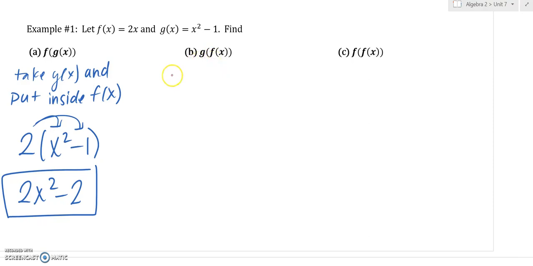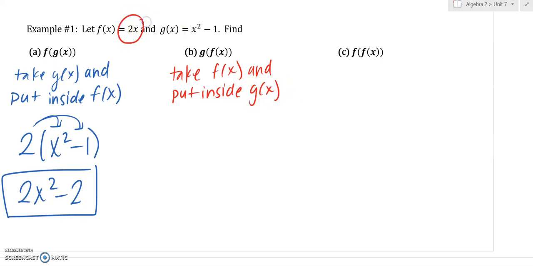Okay, next one. G of f of x. So this is what we want to do. Take f of x and put it inside g of x. Okay, so now I take f of x, and I'm circling again, and I'm putting it inside g of x. So what this will look like, 2x squared minus 1.